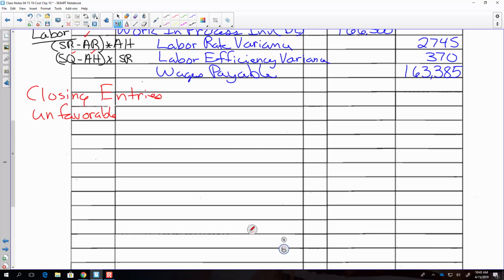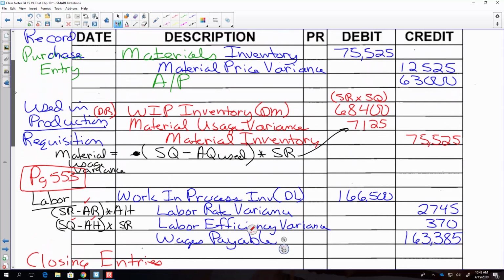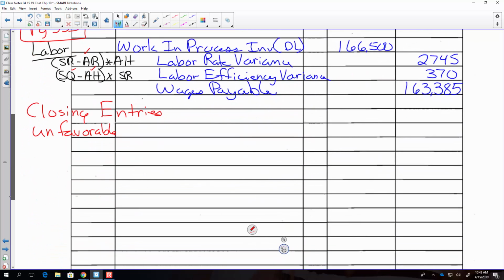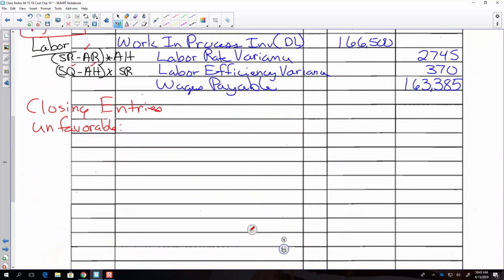So this is where, again, you need to be careful. I think we only have one unfavorable variance, right? And that was the usage variance. So there's only one.